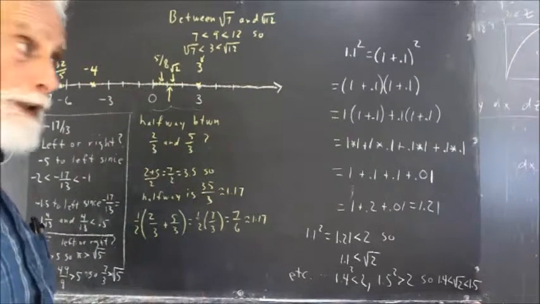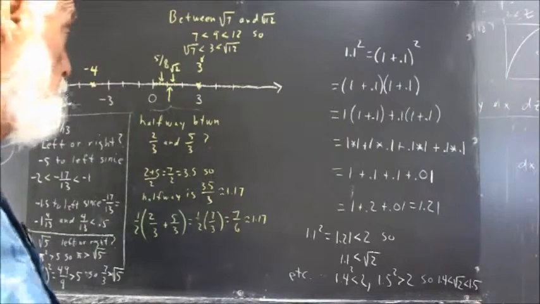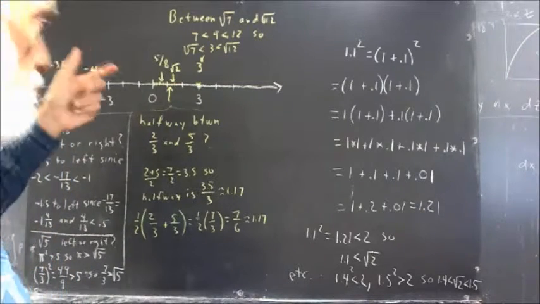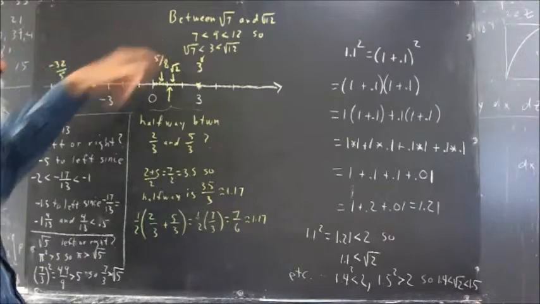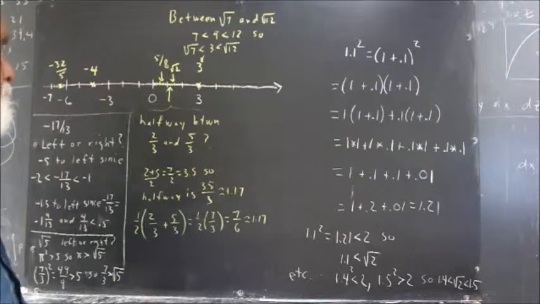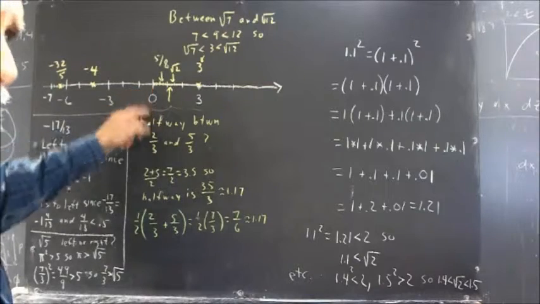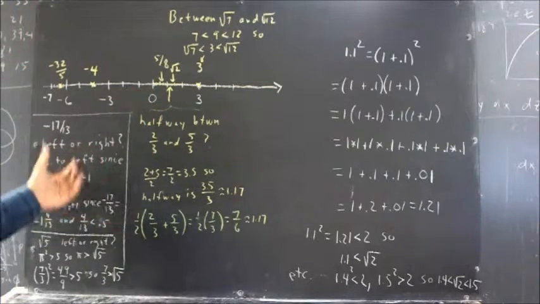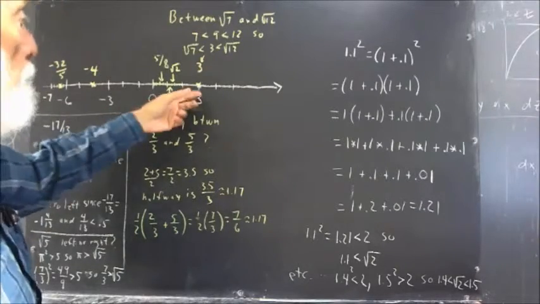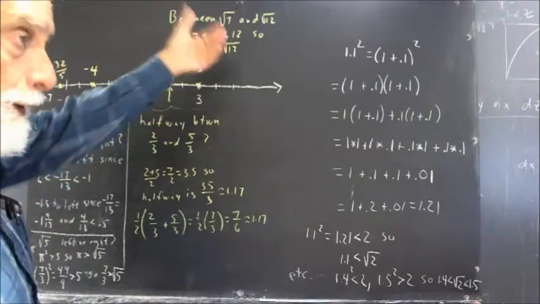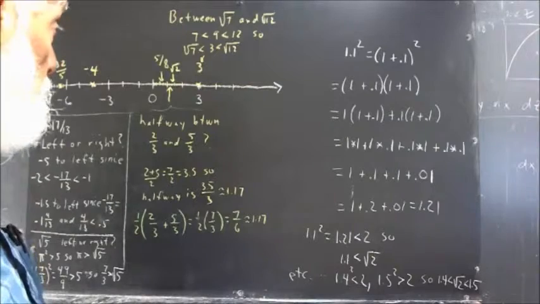Now this has been done without calculators and so forth. So to start, first we establish that the square root of 2 is certainly greater than 0 because 0 squared is less than 2. And it's certainly less than, say, 3 because 3 squared is 9, which is considerably greater than 2.